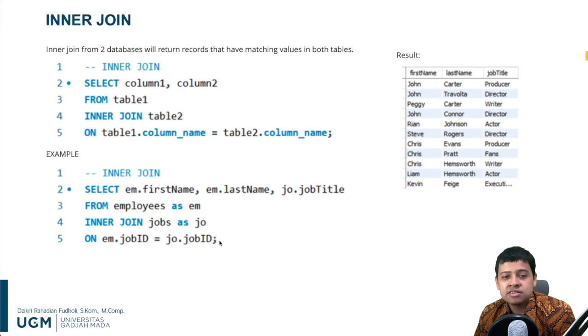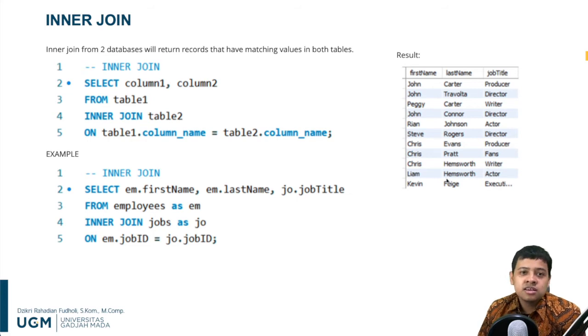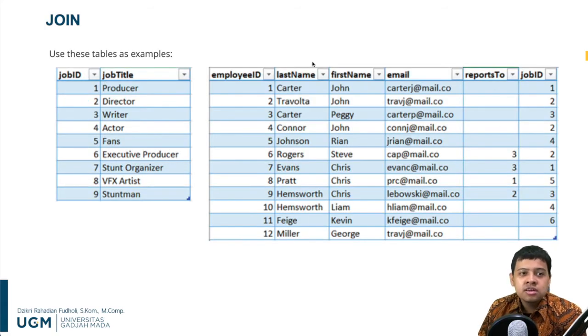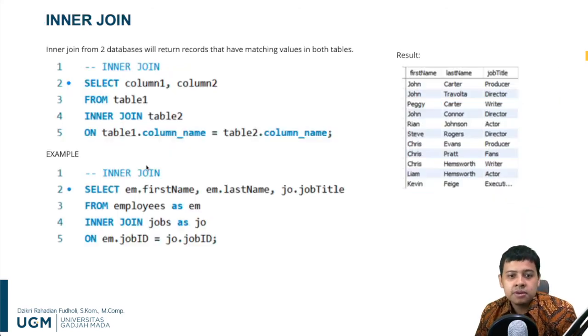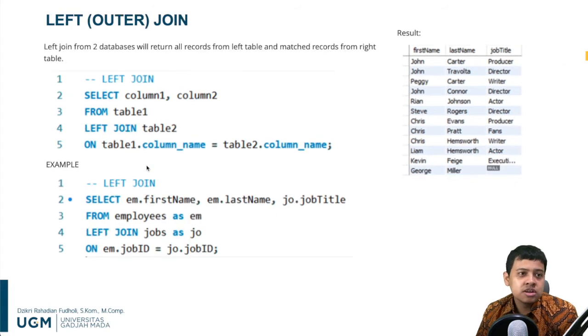But as just an example, rather than risk some error, we prefer to be cautious, so we just write this one. And this is the result. You see the first name, last name, and then the job title. As we can see here, the employee table does not contain any job title, but the job title is on the job table. So that's inner join.